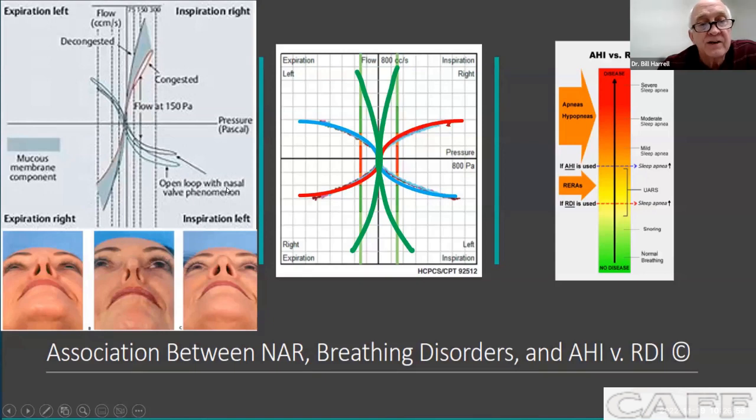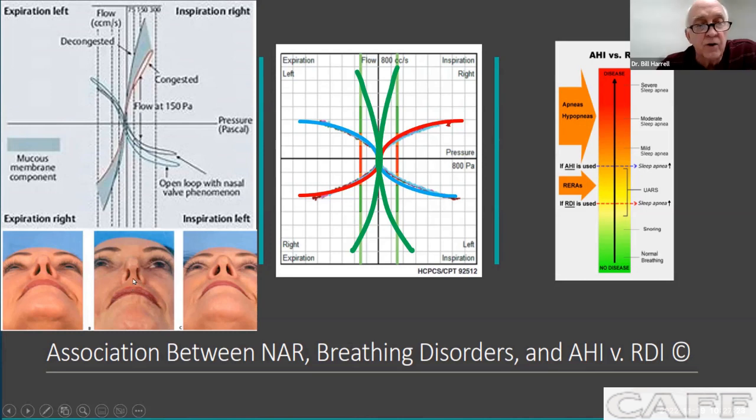When you get these open loops like this, that's called a nasal valve phenomenon. Now this is not necessarily the same patient, but this is what nasal valve phenomenon is. This is a picture of the patient breathing normally. The middle one is the inspiration, and the one on the right is expiration. So you can see she's got nasal valve collapse.